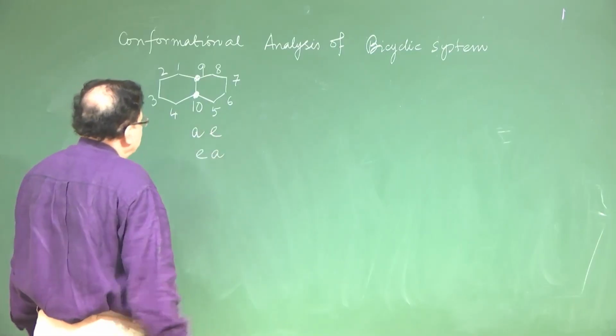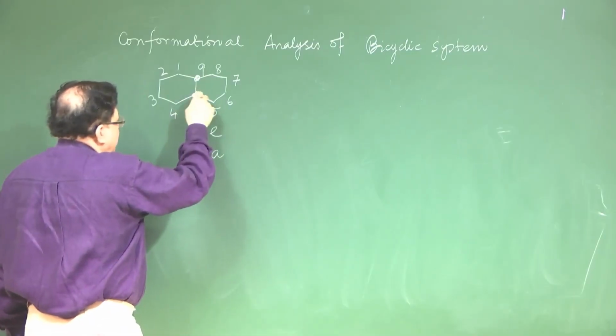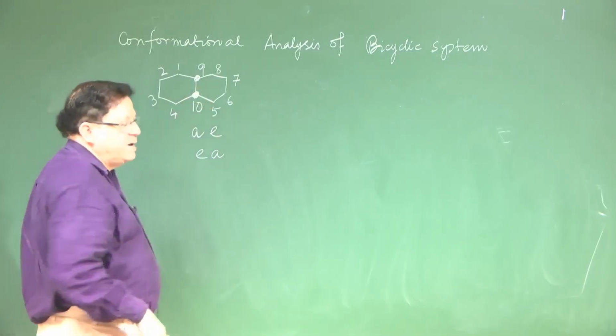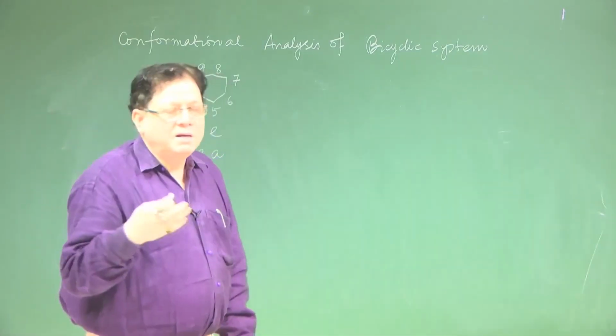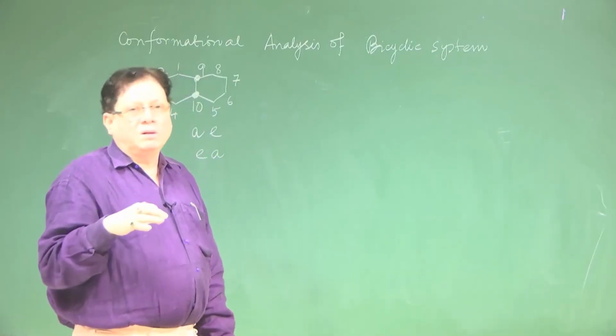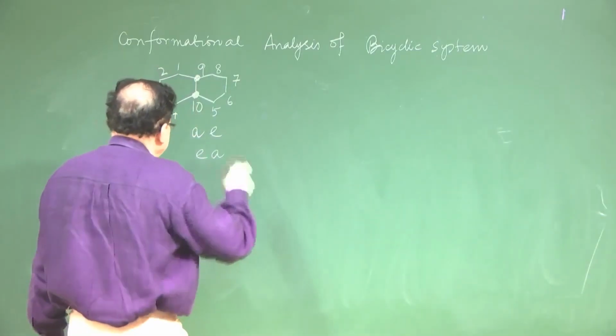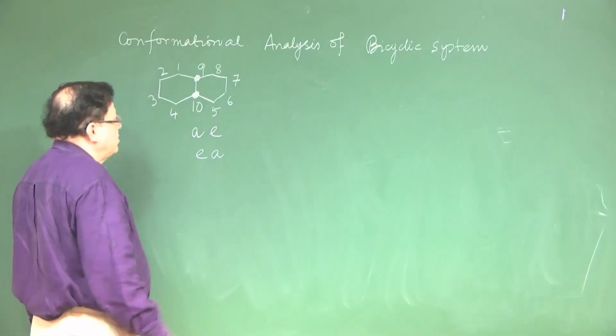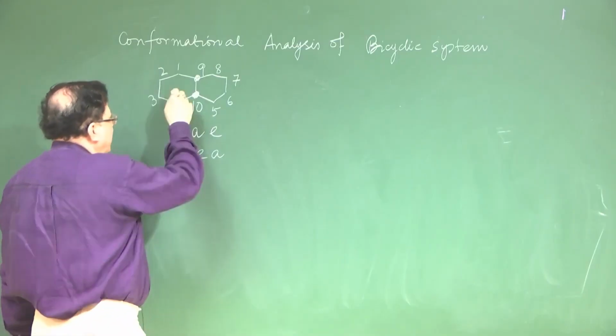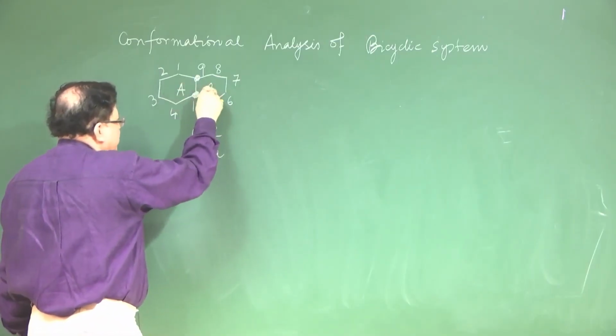Okay. So, if the hydrogen at C10 is axial, then the C9 hydrogen is equatorial, or the other way around, C10 hydrogen is equatorial and C9 hydrogen is axial. Okay. Now, this is your A ring, this is your B ring.